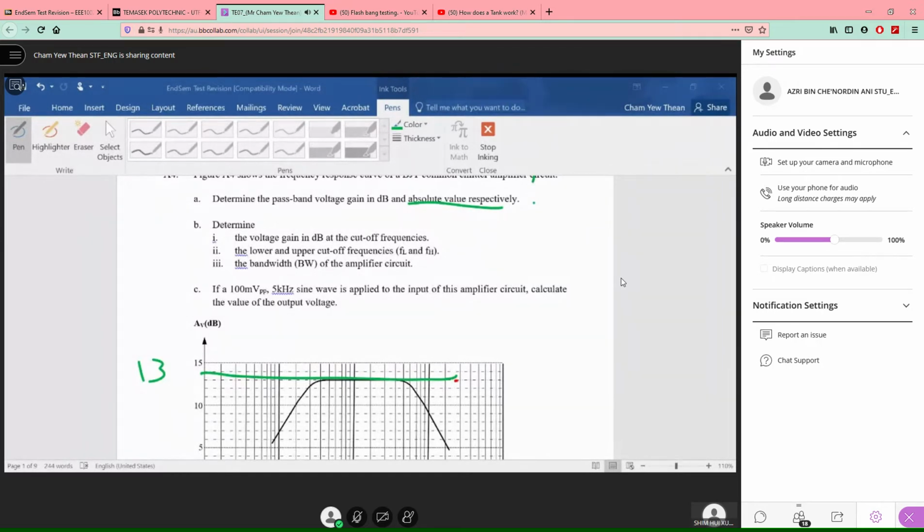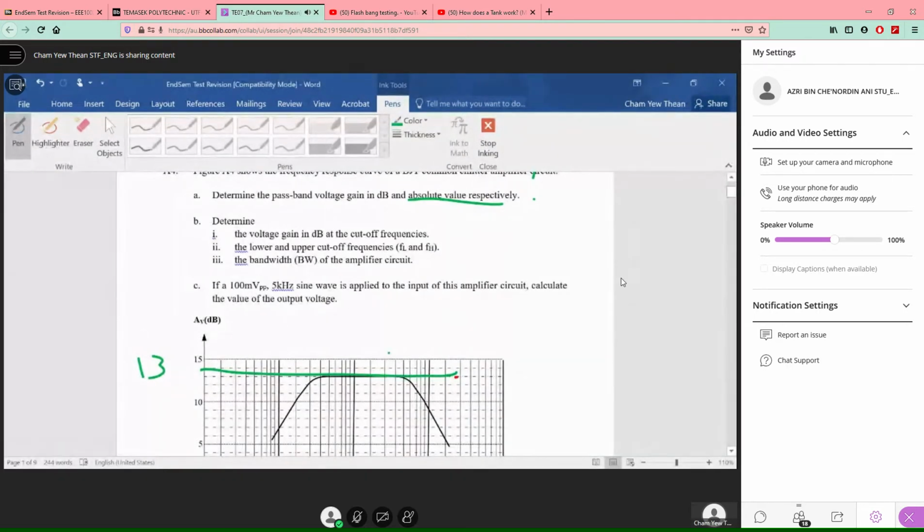Is it 10? It has to be 10. Remember, your pass band gain is 13, right? To determine the cutoff frequency, it is always 3 dB down. So the answer is 10: 13 minus 3, always 3 dB down.